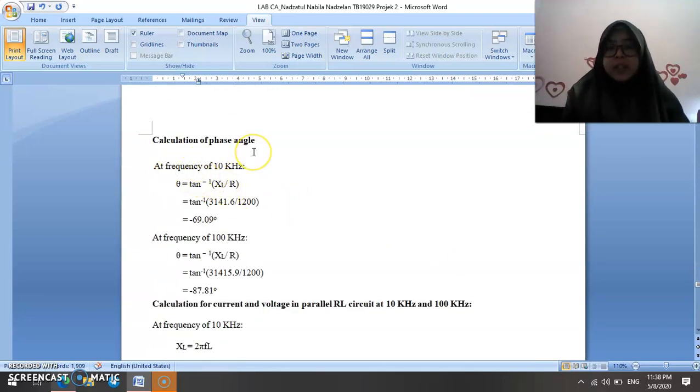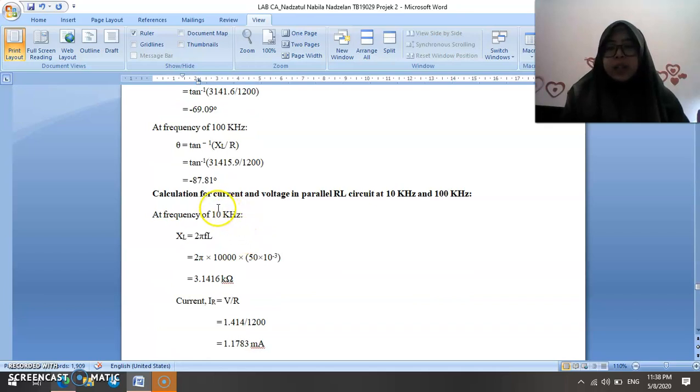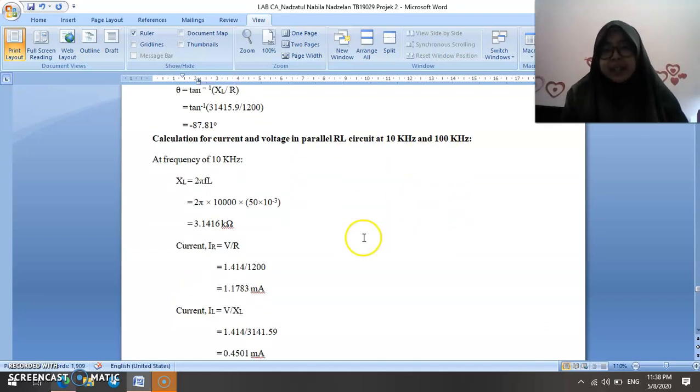This is the calculation of phase angle at frequency 10 kHz and 100 kHz. Calculation for current and voltage in parallel RL circuit at 10 kHz and 100 kHz.